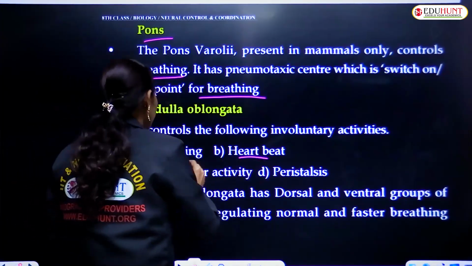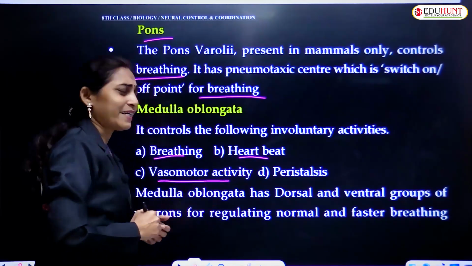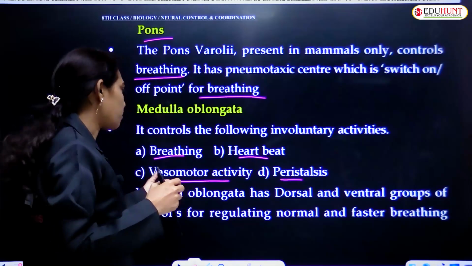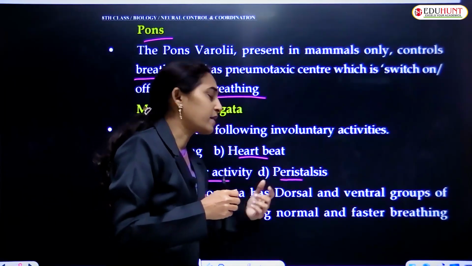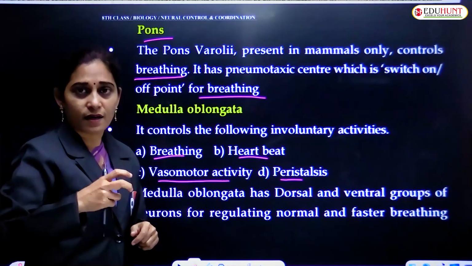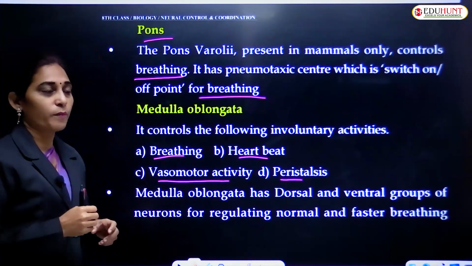Also vasomotor activity, which is seen in the circulatory system, and peristalsis, the movements seen in the gut, like the esophagus.